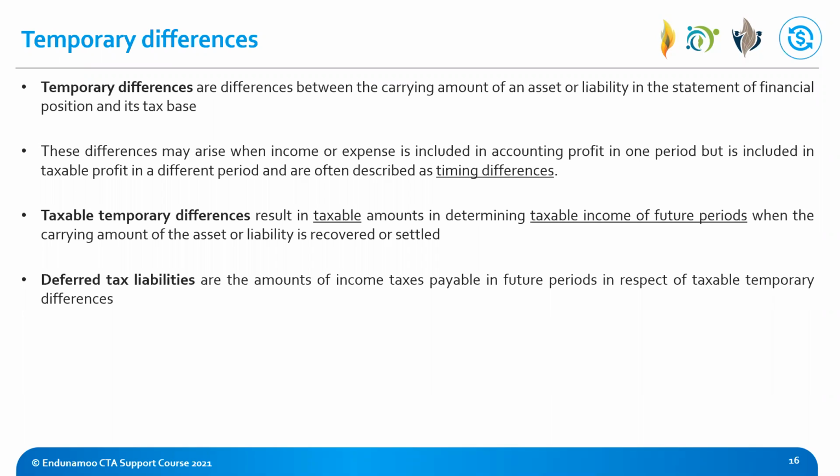Let's make another example. In future, I expect there to be 1 million of profit before tax. But for taxable income, on the same set of numbers, I believe that SARS will say that I owe them tax on 1.2 million. So there is a difference between what I believe SARS will say, 1.2, and what I believe IFRS will say, 1 million.